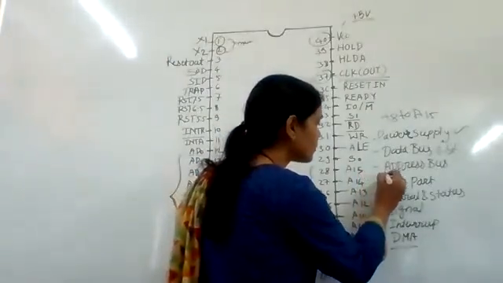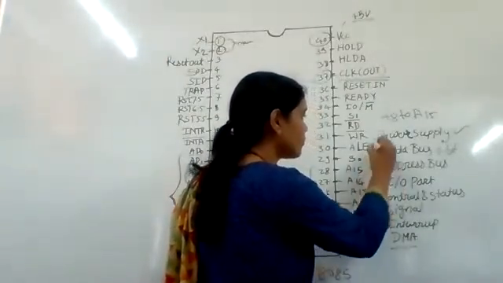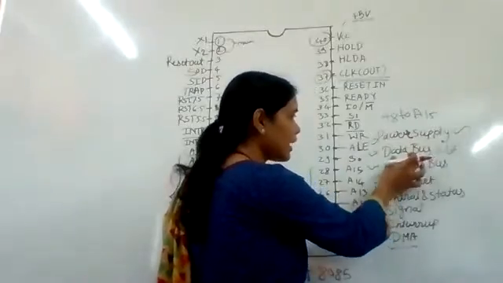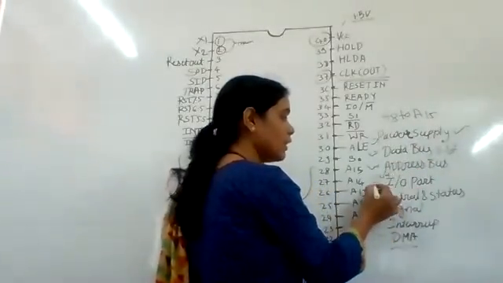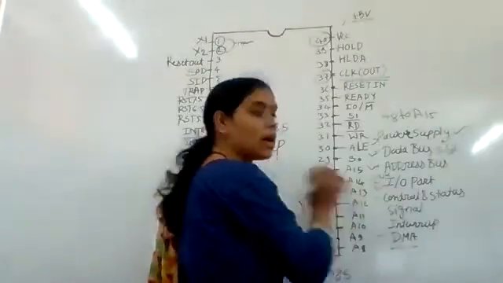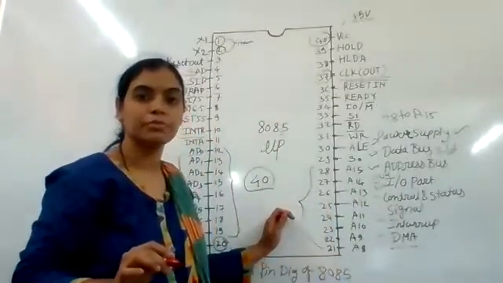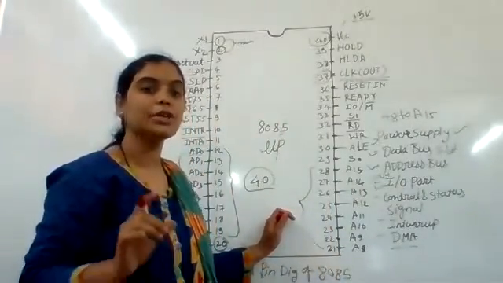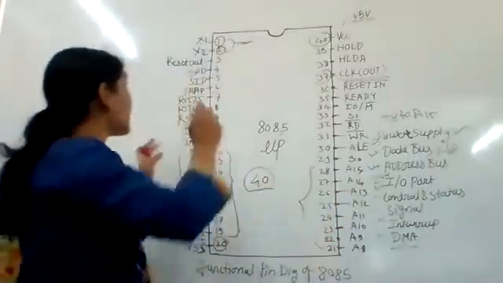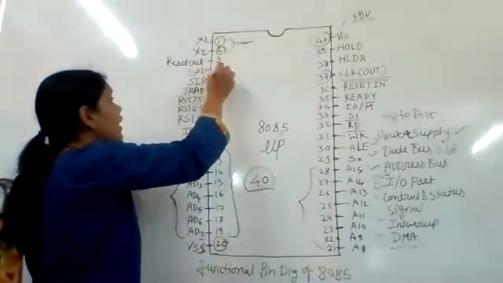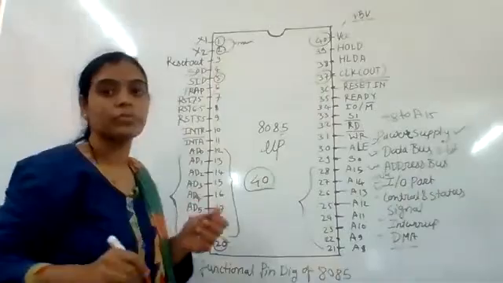After that, we see the serial I/O ports. It has basically two pins, SID and SOD.